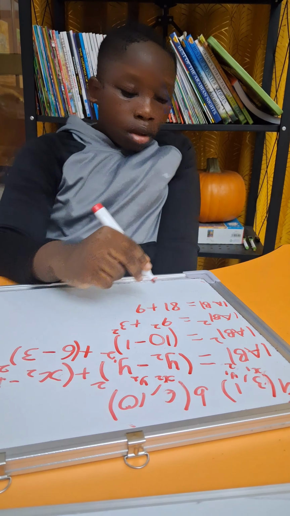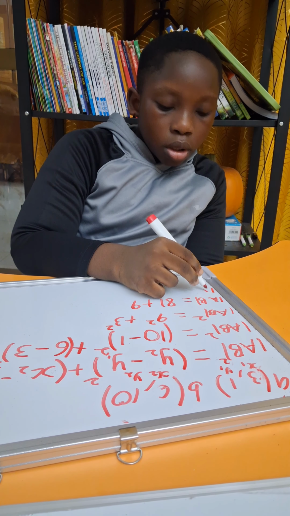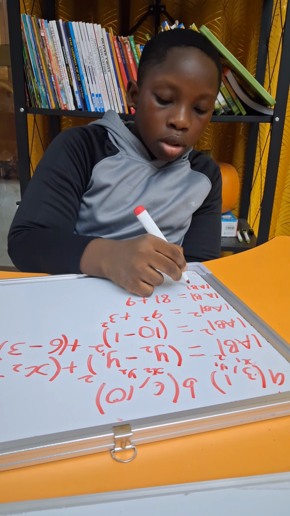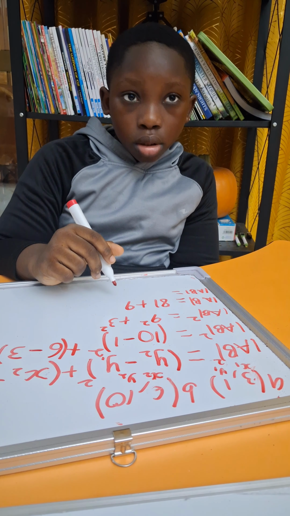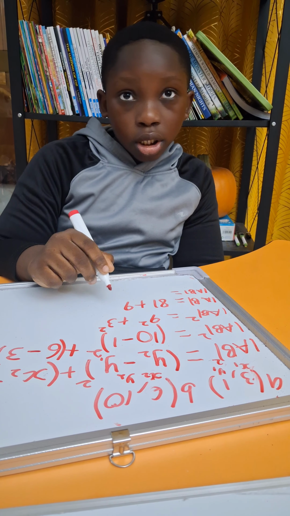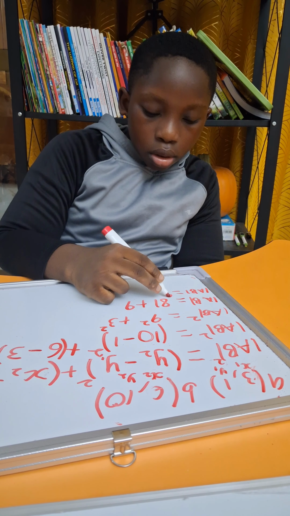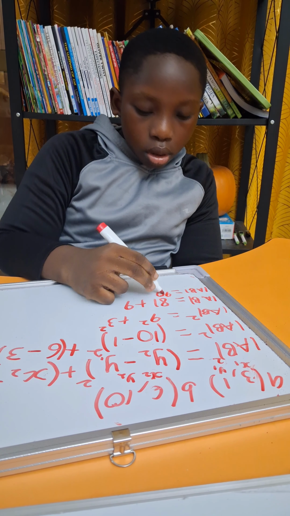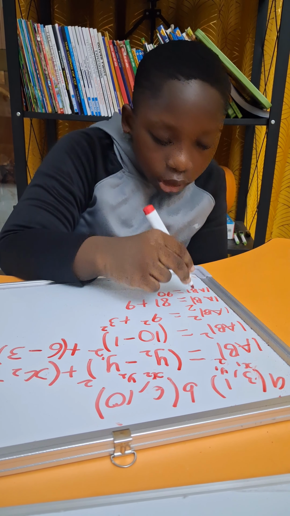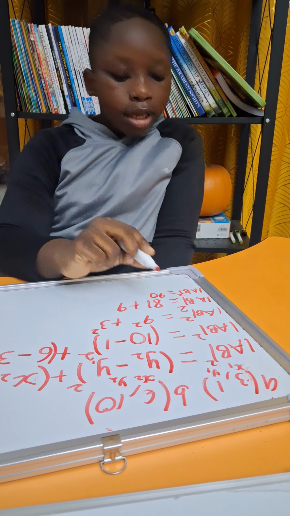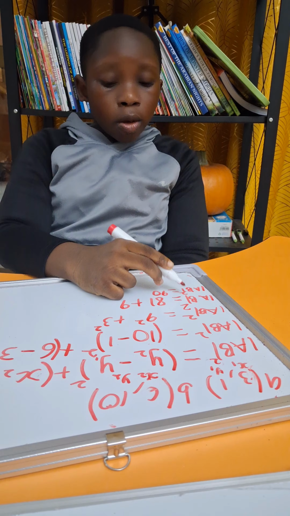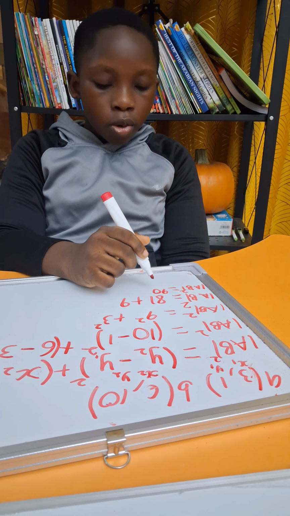Now, we're going to say line AB squared is equal to 90. So it's 81 plus 9, which is 90. But there's still a square here. And since we're finding line AB, the square goes to the other side of the equal sign.